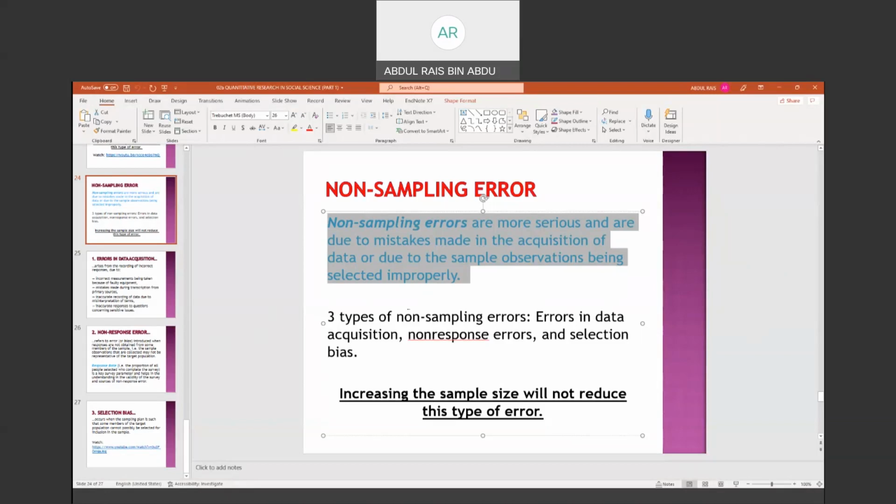Sepatutnya you dah awal-awal dah clear dah you punya operational definition, what is your definition of primary school students, sepatutnya dari age 7 hingga 12, darjah 1 hingga darjah 6. Okay, you have to be clear from the beginning of your definition of parameters and who you want to respond to in order to avoid non-sampling errors.